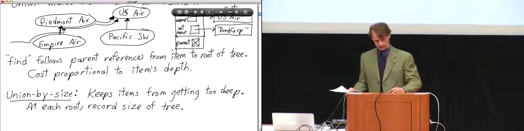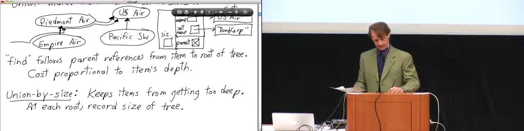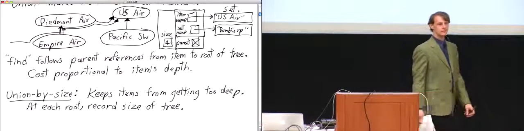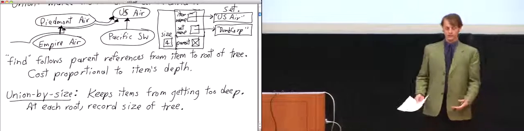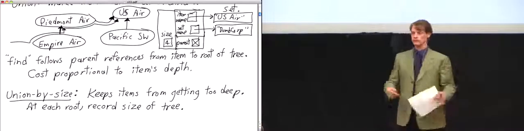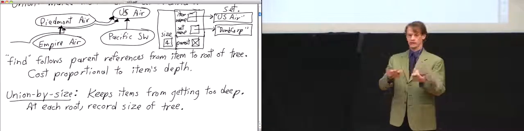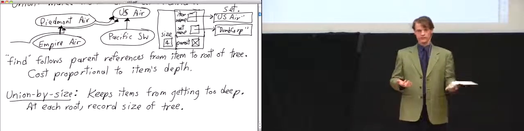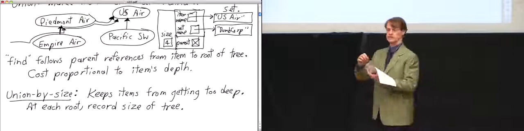So that means our little data structure for an item now also needs a size field, so we know how many items are in that particular tree. Once we've got that, then whenever we unite two sets together, we can look at the size of each set, take the one that's smaller and make its root be the child of the root of the set that's bigger.